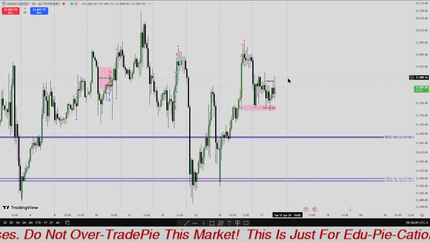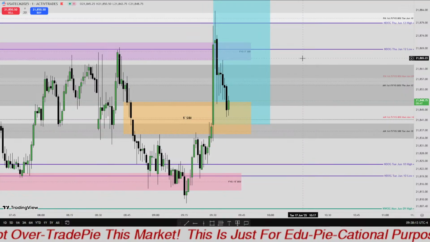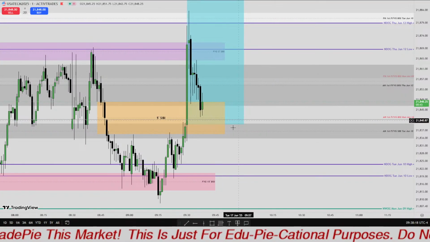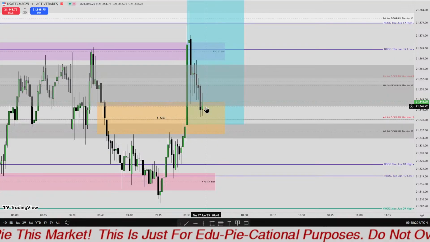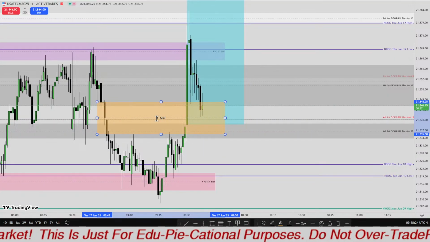So dropping back to the 1-minute chart, I'm waiting for the first presented fair value gap to form. We closed in the upper portion of this 5-minute inversion fair value gap.